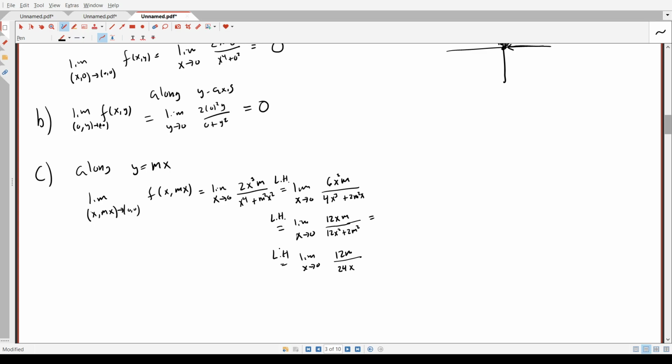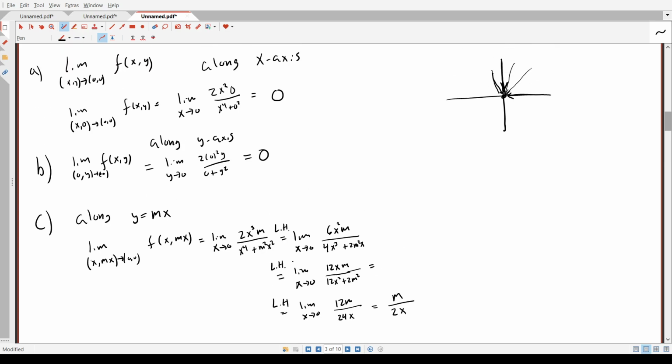Yeah. So that cancels, and I get a 2. So this is going to be m over 2x. When we do the limit as this goes to 0, the limit goes to infinity. But why? I still think I'm doing something wrong. One second. So we plug in mx, we plug this mx, m squared, x squared. We do the derivative. Okay.